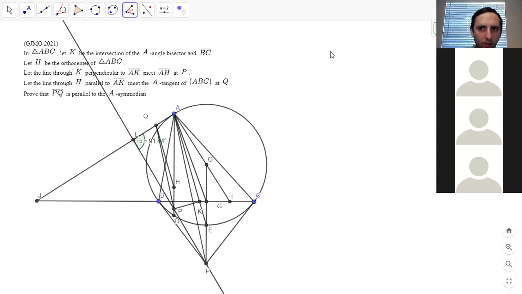I don't think so. No. I guess we could let FP meet the tangent at a point and calculate the distance LA. Then we could let EH meet the tangent, calculate that distance, and show that they're the same. Just an idea.